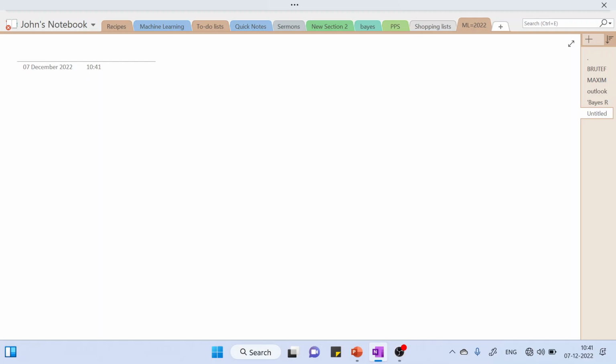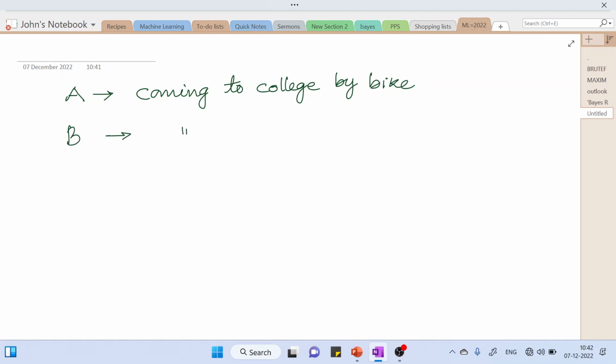So yesterday we considered event A, coming to college by bike, and event B, coming to college by college bus.